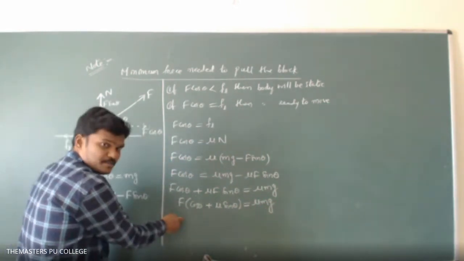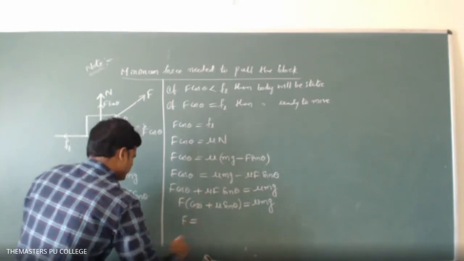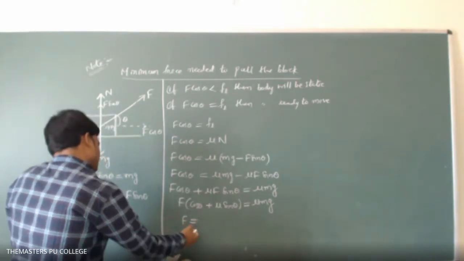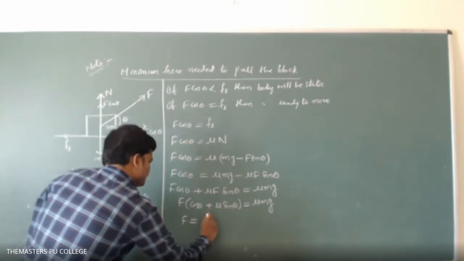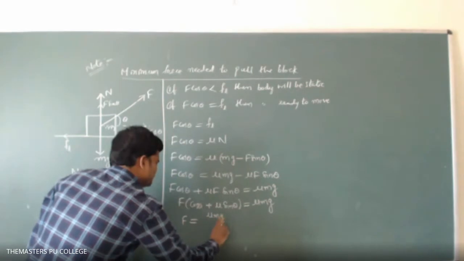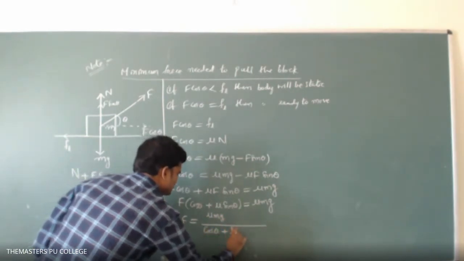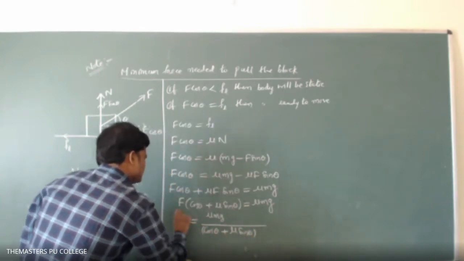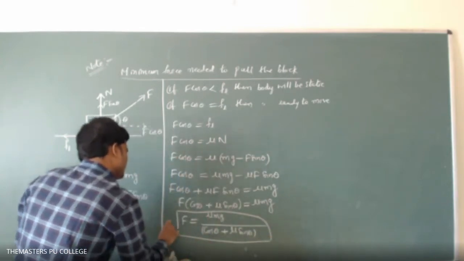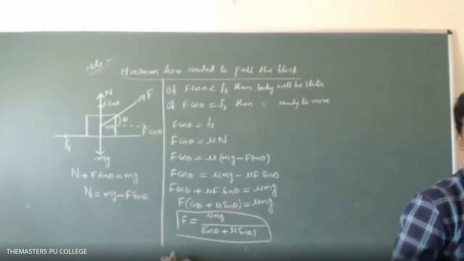Shall I write one more step downside? Is it visible? Yes, sir. F equals mu mg divided by (cos theta plus mu sin theta). This is the minimum force required to pull the body so that the body is ready to move.